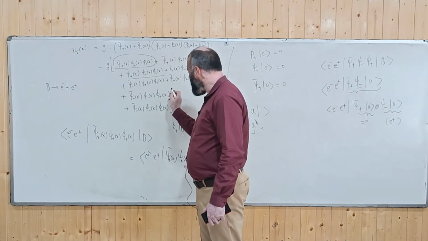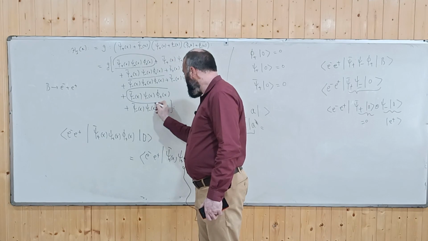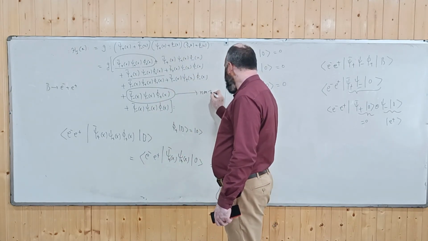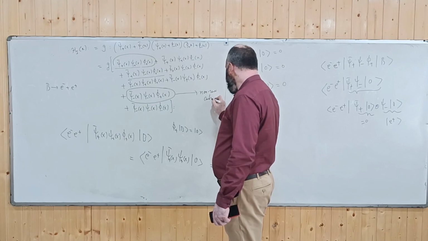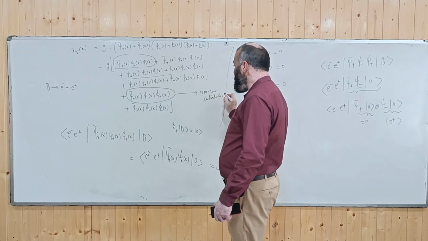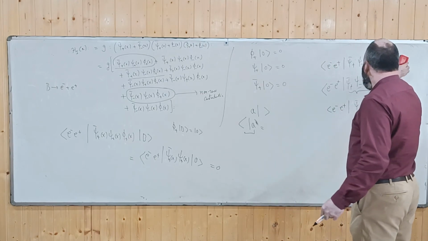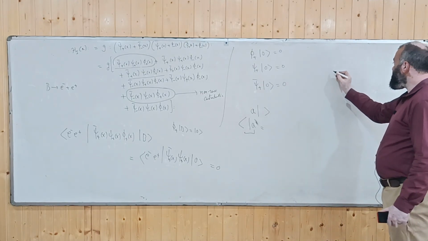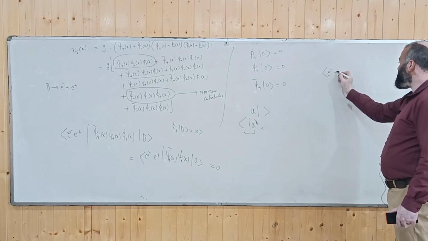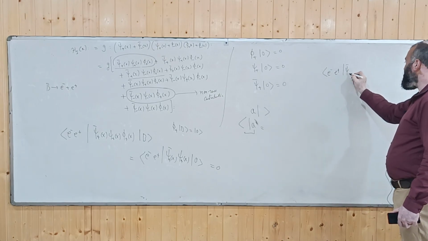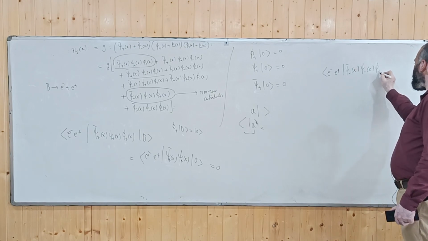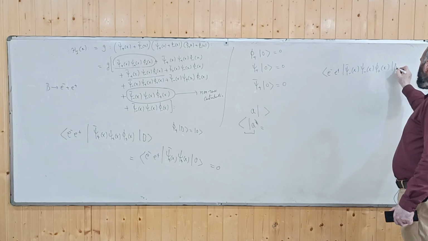There is only one term, this very term, which actually gives you the non-zero contribution. Let's look at it. You have this electron, positron, psi bar minus of x, psi minus of x, and phi plus of x acting on the boson.